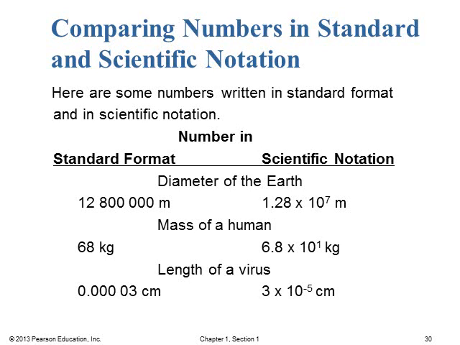Now, arguably, the mass of a human of 68 kilograms, or 6.8 times 10 to the 1 kilograms, seems arbitrary as to why you'd make that conversion. But in the other cases, the diameter of the Earth and the length of a virus, we have a very large and a very small number with a lot of zeros in them. To shorten those up and get rid of a lot of those zeros, scientific notation makes that number look a lot cleaner and hopefully easier to understand.